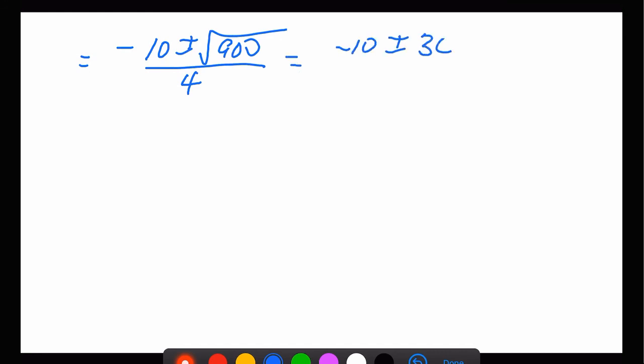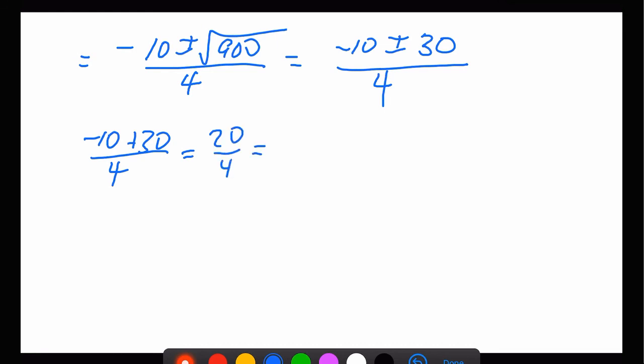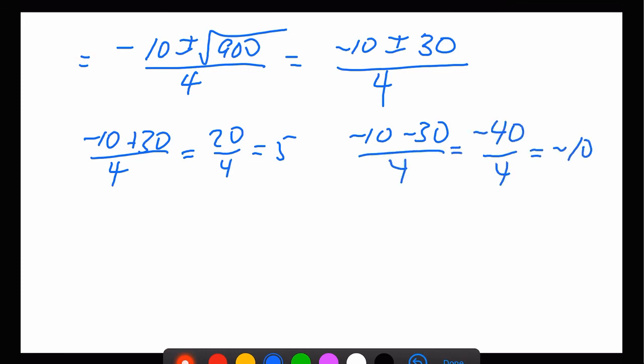So again, minus 10 plus or minus 30, divided by 4. So that's two possibilities, right? Minus 10 plus 30 over 4, which is 20 over 4, is 5. Or minus 10 minus 30 over 4 is minus 40 over 4, is minus 10. So those are the two answers. The two answers are 5 and minus 10.